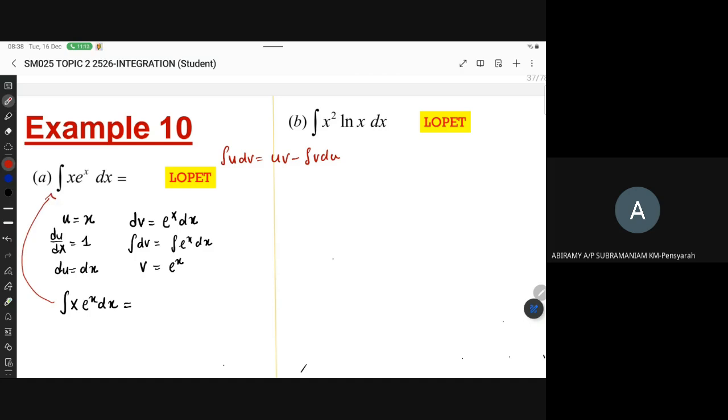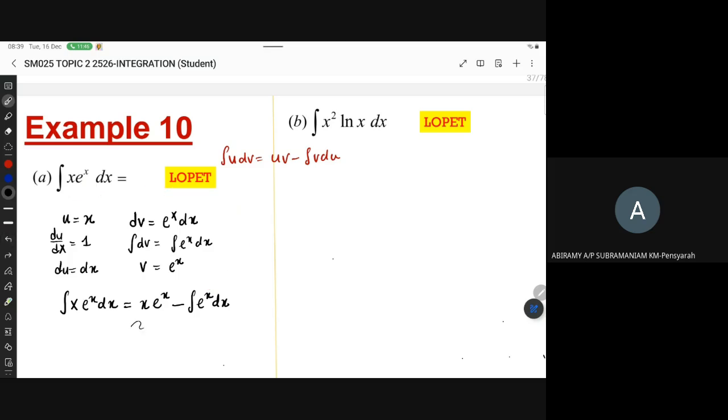Then uv: u is x, v is exponent x, minus integral of v du. v is exponent x and du is dx. So notice that the multiplication of two functions, we managed to change it to the integral of one function so that we are able to integrate. Okay, now what is our final answer?